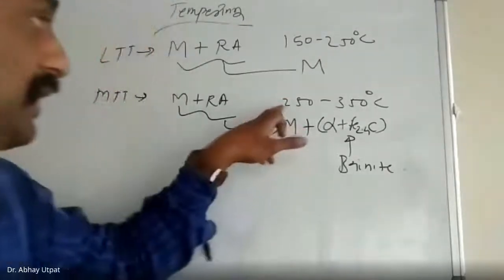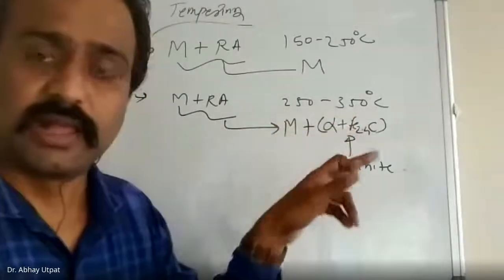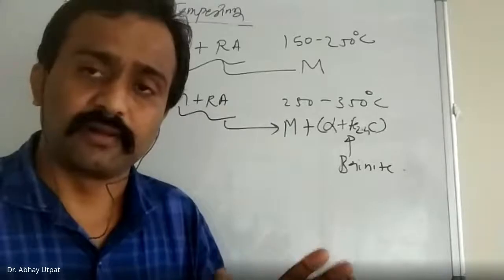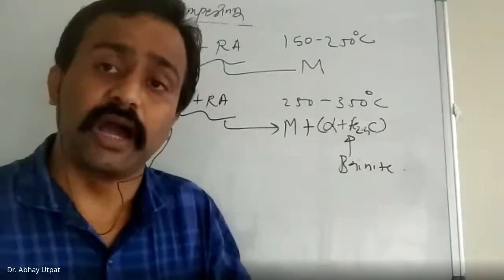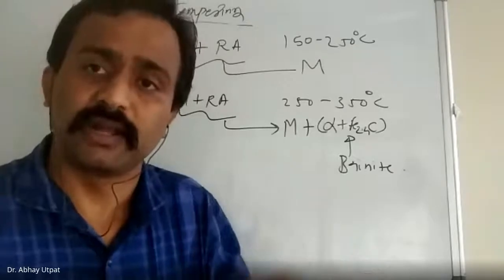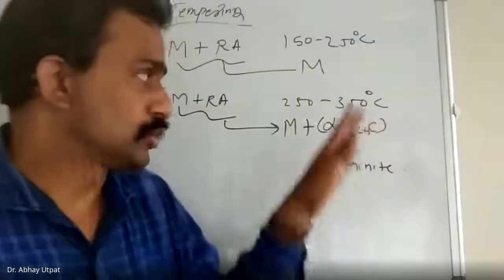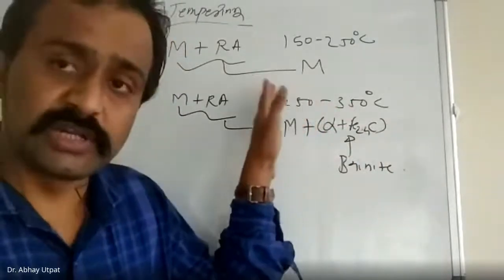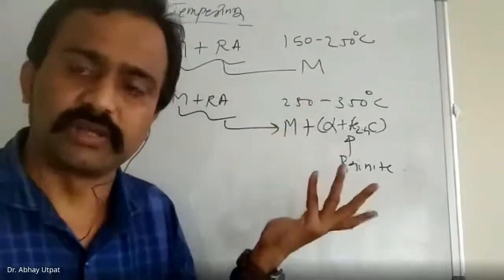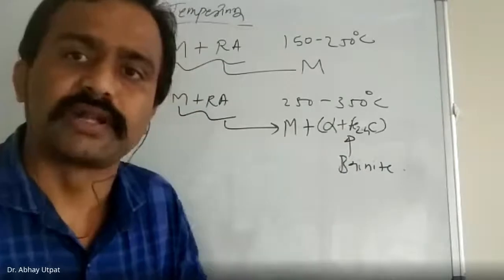But here the heating temperature is more. Always remember, martensite will lose its carbon and hardness is affected. So here the original 50 RC becomes 38 or 40 RC only. A little more loss of hardness.